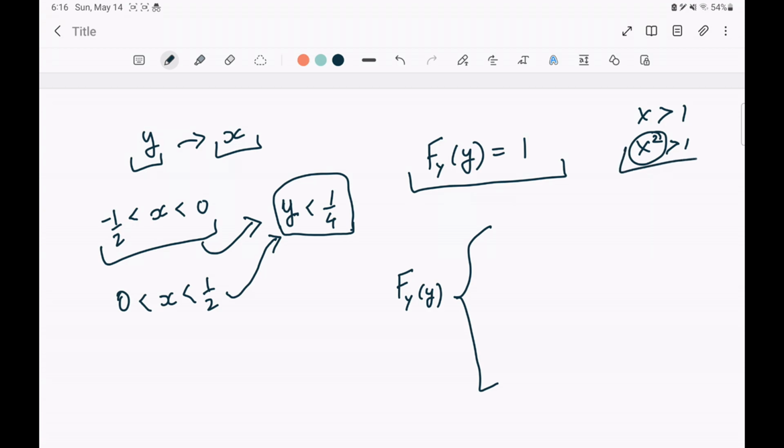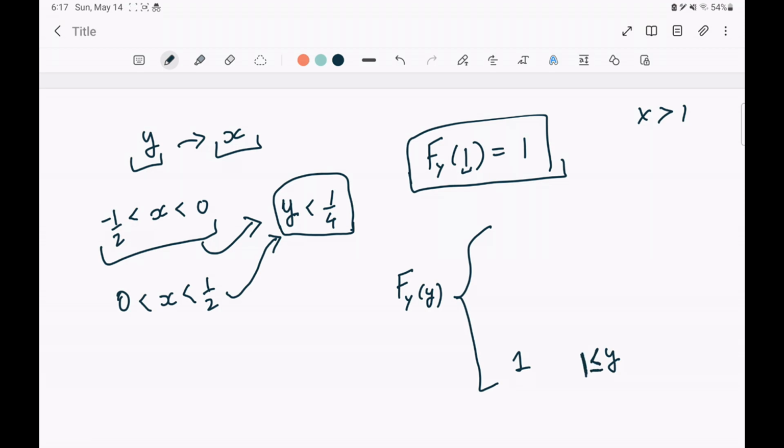Hence there was no probability density where x square was greater than 1. Hence we know that Fy of 1 or any value greater than or equal to 1 is always 1.